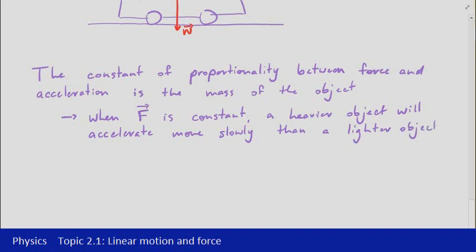Which kind of makes sense. If you've got, say, a car and a bus, apply a constant force to both of those, the car's going to accelerate much more quickly because it's got a much lighter mass. Similarly, but in a slightly different way, if the acceleration is constant, so if you want to have two objects accelerating at the same rate, a heavier object will require more force.